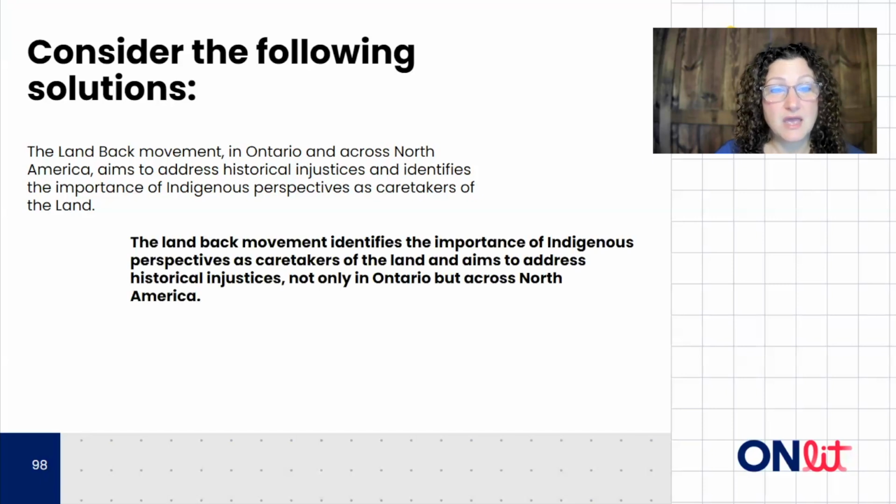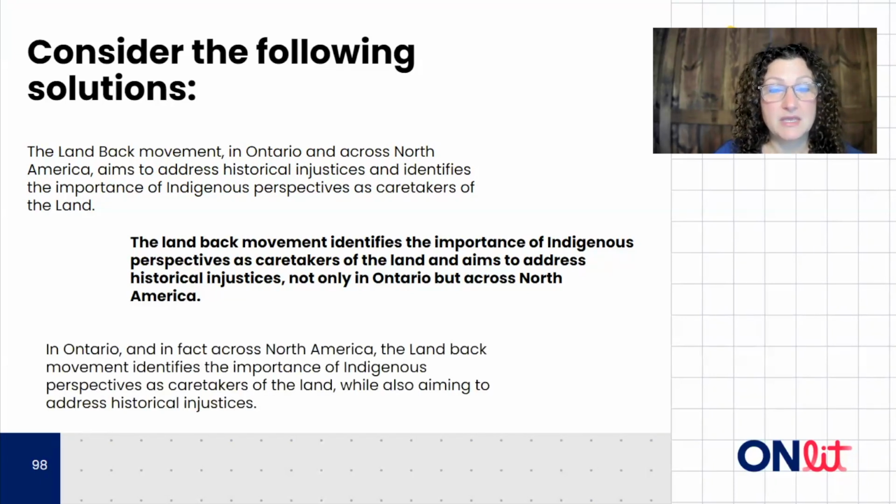Or this one, the land back movement identifies the importance of Indigenous perspectives as caretakers of the land and aims to address historical injustices, not only in Ontario, but across North America. Or even this one, in Ontario, and in fact across North America, the land back movement identifies the importance of Indigenous perspectives as caretakers of the land while also aiming to address historical injustices.